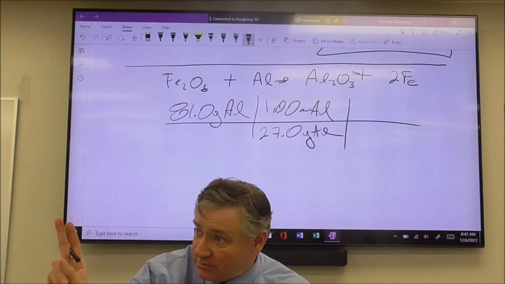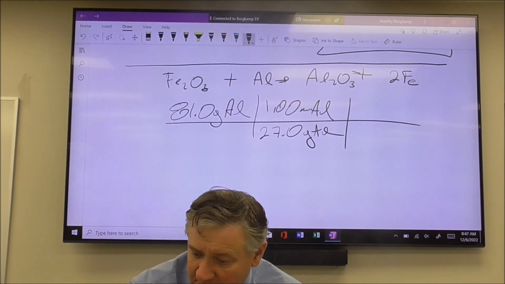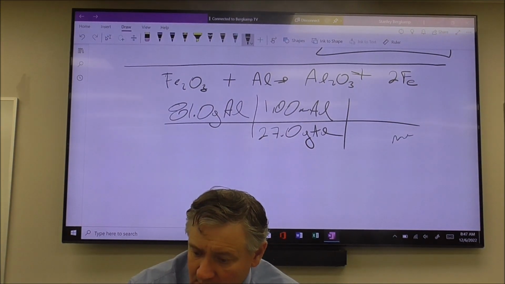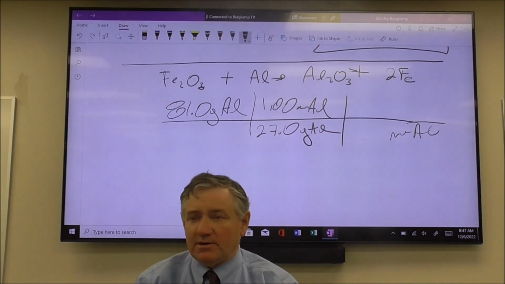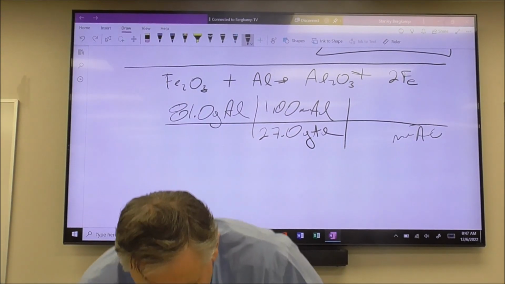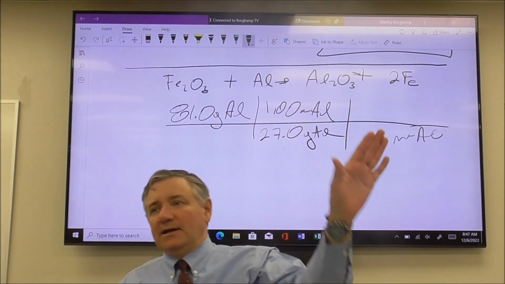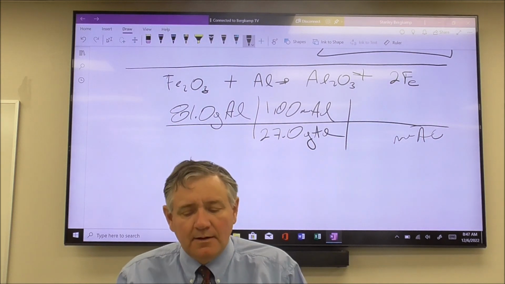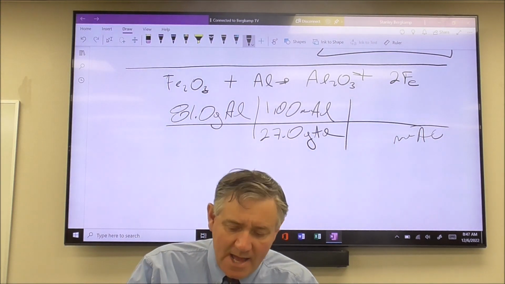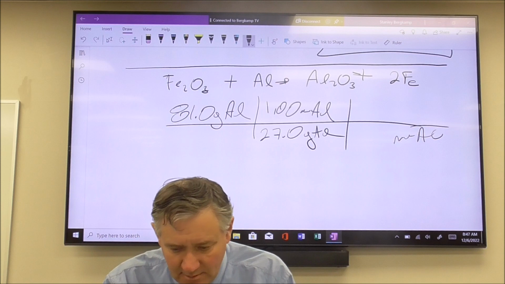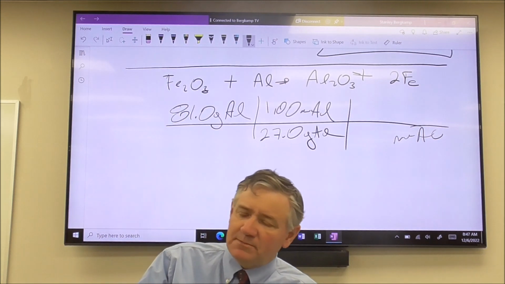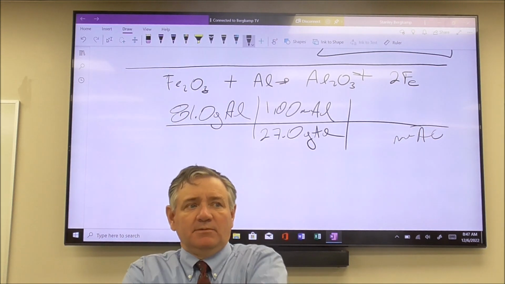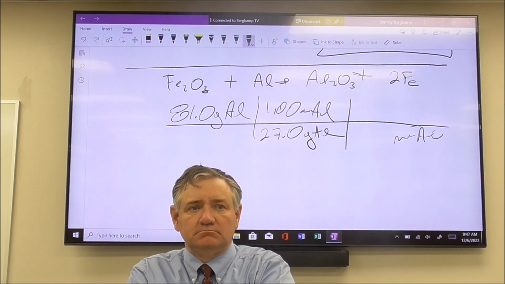Now I can look at my periodic table. So again, here's the rule. I've got moles of aluminum here and moles of aluminum here. Now stop, let's just step back. Do I have more than 1 mole of aluminum or less than 1 mole of aluminum? More than 1.